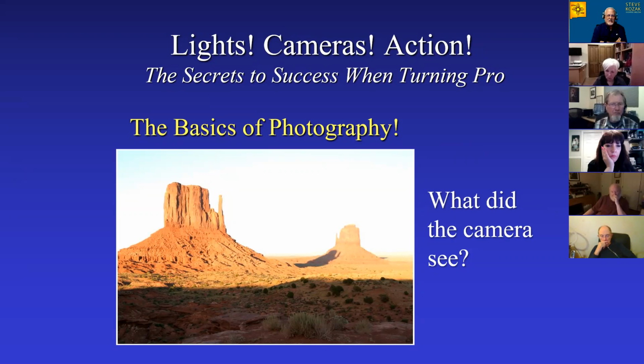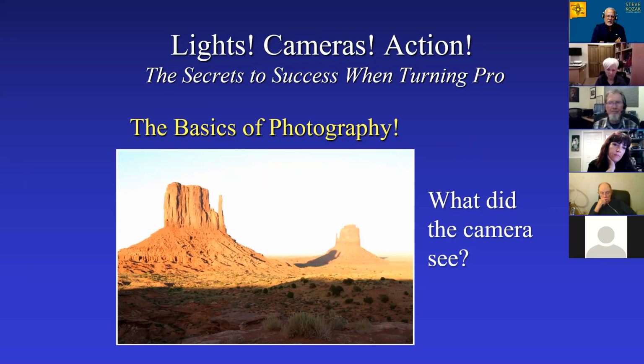But the question is, what does the camera see in this instance? It has no idea if you're photographing the mittens or Nags Head, North Carolina National Seashore or Red River snow. It just doesn't know what you're photographing, but it's trying to make decisions for you about exposure. How can it really do that if it doesn't know what it's looking at?